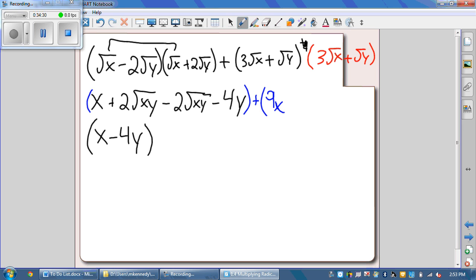Inside terms, another 3 root x times another root y is going to give me another plus 3 root xy. And our last thing, root y times root y is going to be plus y. Again, you guys did a good job.